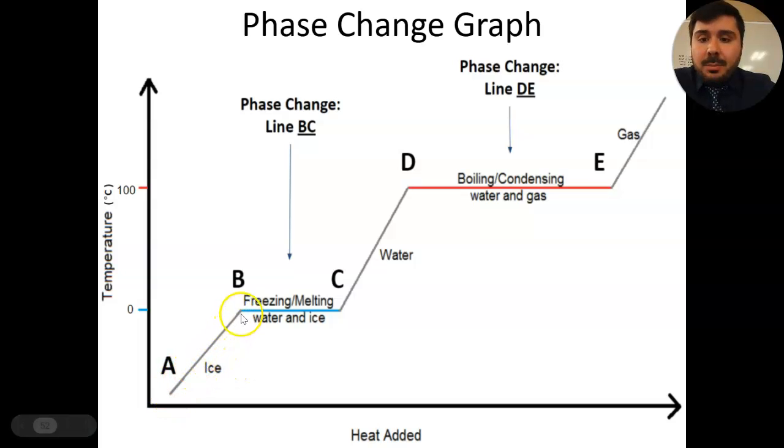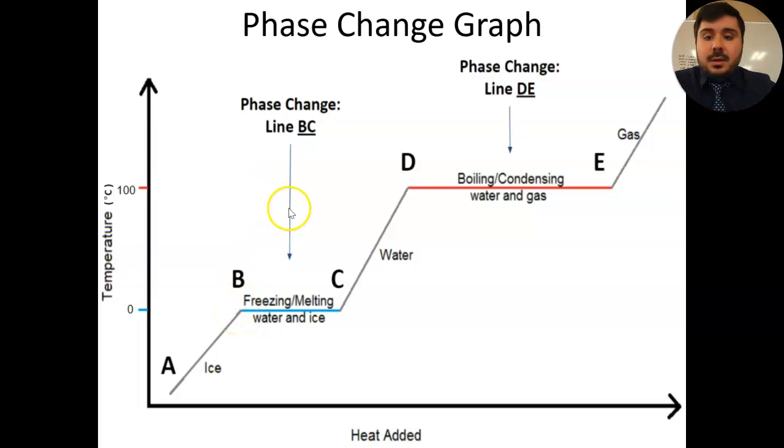From A all the way to B, this is still straight up ice, water at the solid state. Up until we reach point B, this substance has been below 0 degrees Celsius, which means it's been ice. As we go from left to right, from A to B, heat is being added, the temperature is increasing, and eventually we reach point B.